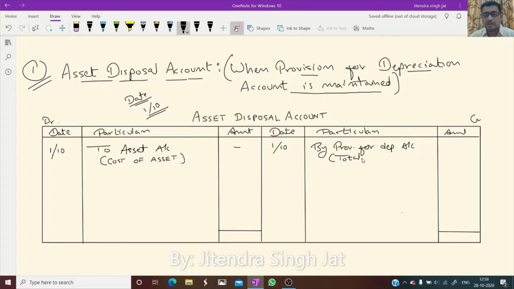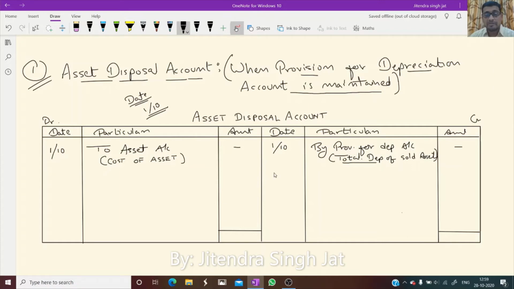It is very simple to calculate also, a very simple formula you can apply anywhere. Total depreciation of the asset which has been sold means from the date of purchase up to the date of sale. You need to calculate total depreciation. That will be recorded on the credit side under the account by provision for depreciation account.